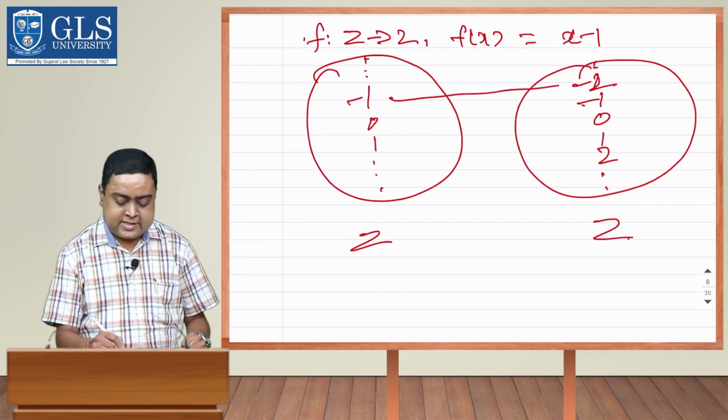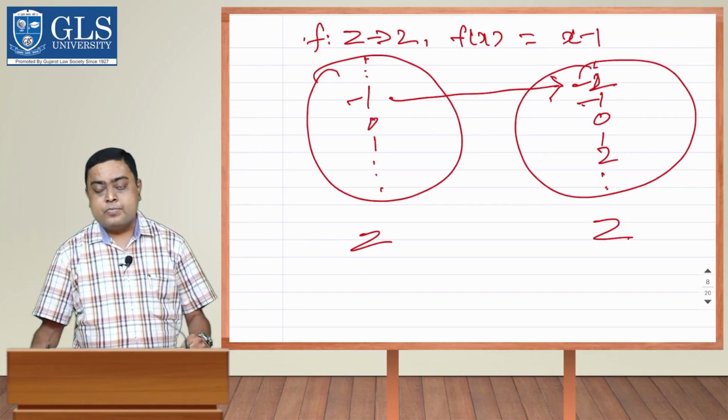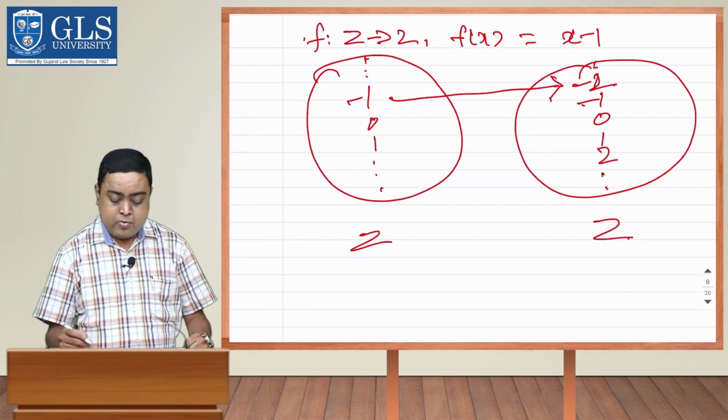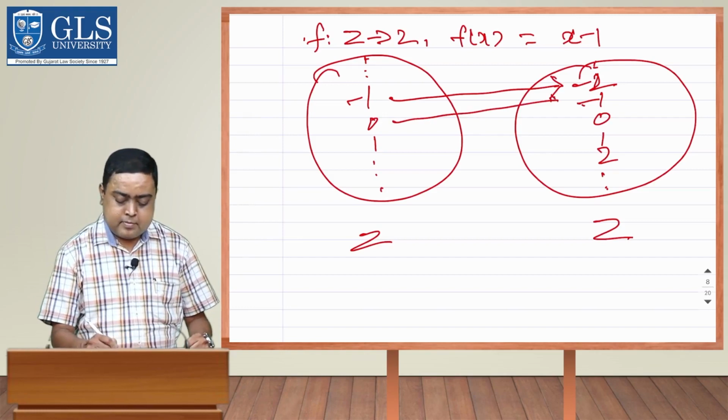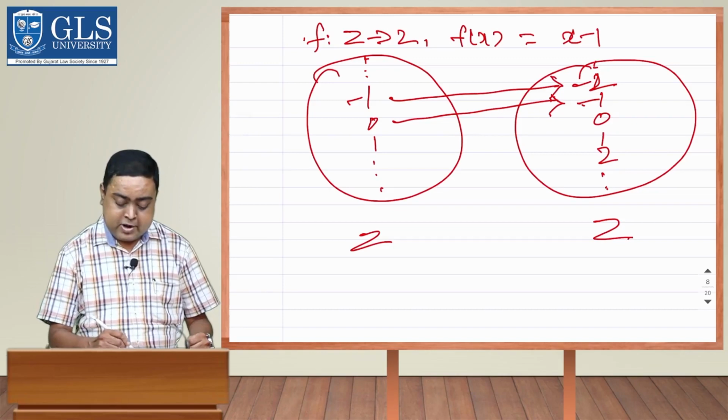So -1 is associated with -2. Suppose I take x equal to 0, then I find the corresponding value -1. If I take x equal to 1, then I find corresponding value 0.